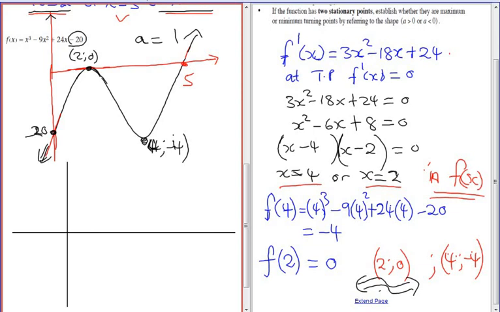We know that 2 is important to us, so I'm going to put 2 over there, and maybe 5 over there. And the y-intercept, we were told it was at negative 20. So what we have gathered is that this graph should turn at negative 2, and there was yet another turning point at 4.